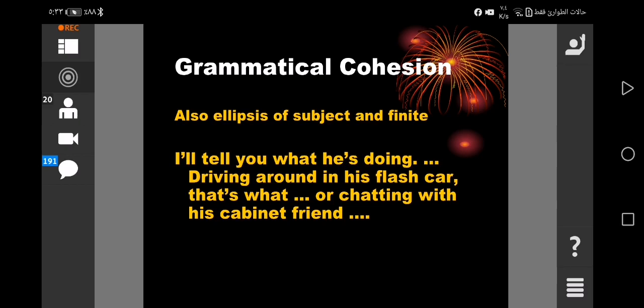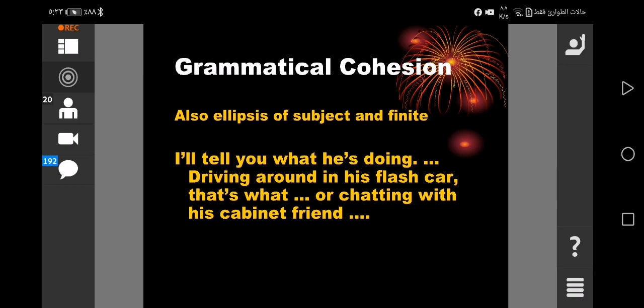What happens? I'll tell you what he's doing. Driving around in his flash car, that's what, or chatting with his cabinet friend. He is driving around his flash car.